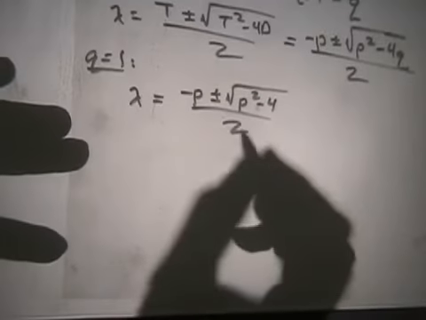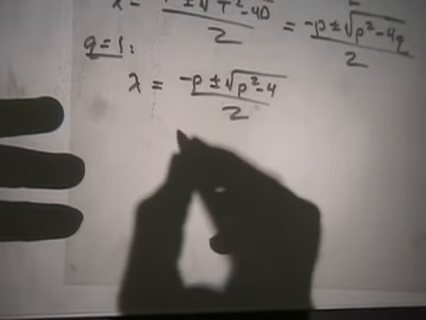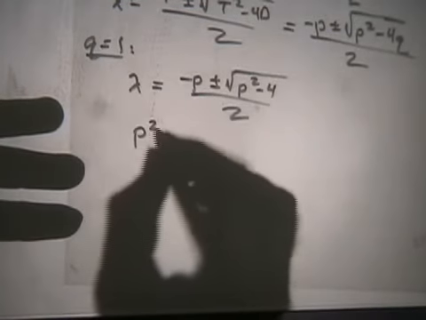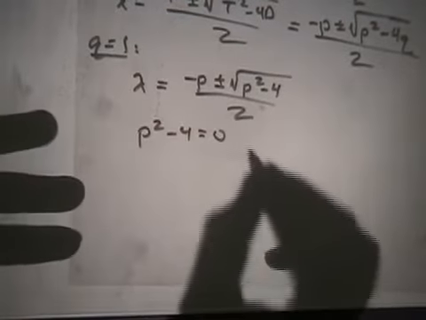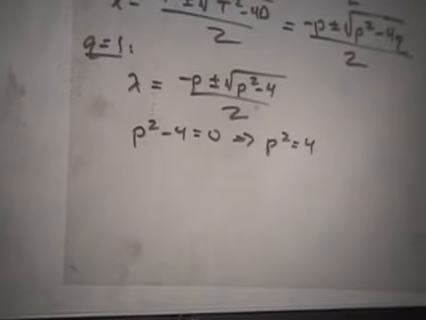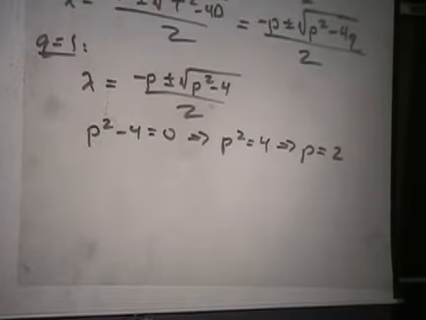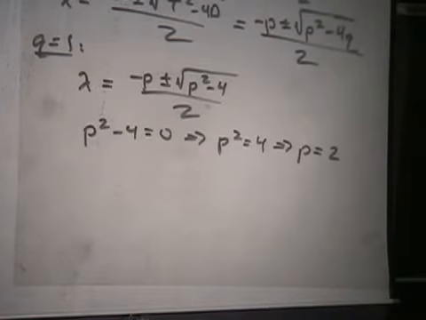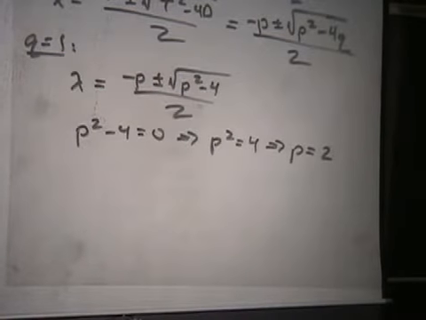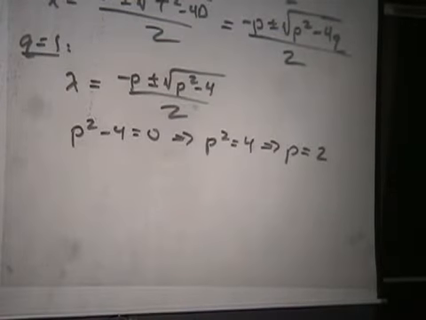Let's focus on the bifurcation that occurs when p squared minus 4 is 0. That's going to imply p squared is 4, and if I'm only focusing on non-negative values of p, that bifurcation from an underdamped mass on a spring to an overdamped one occurs at p equals 2. P equals 2 would be the bifurcation point there.